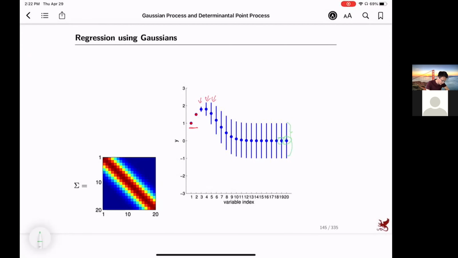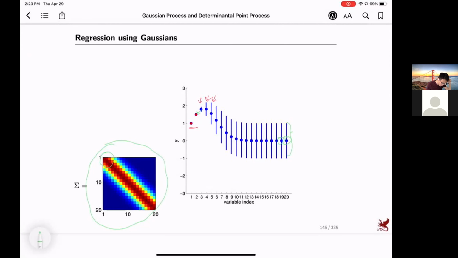So in this case, we can see based on this covariance matrix, for the points that are close to our red points, the observed points, the mean value is also close to these red points, and the uncertainty here is also small. If we look at the first three points in the covariance matrix, we see they are highly correlated. So knowing the first 2 points gives me a lot of confidence about the value of the third point. I'm less uncertain about where it should be.